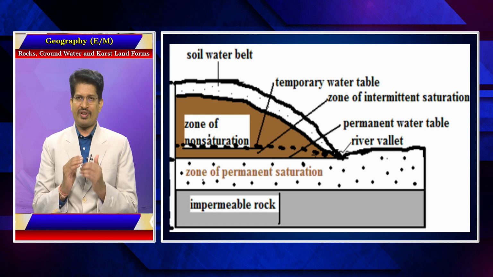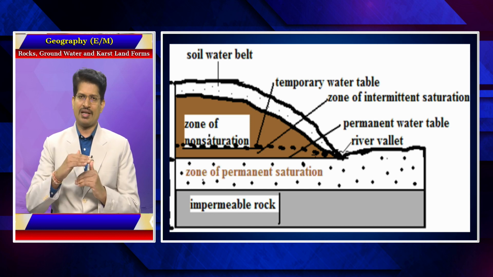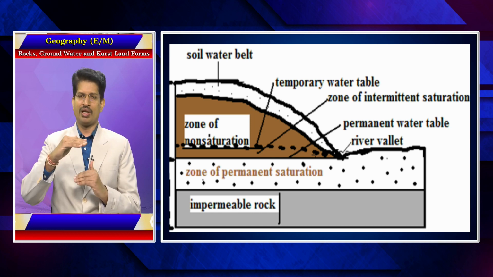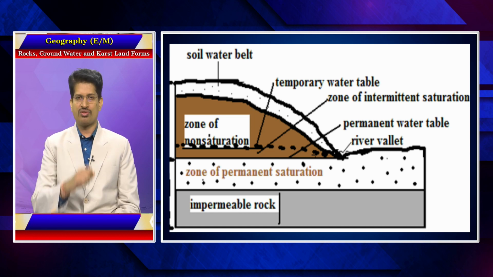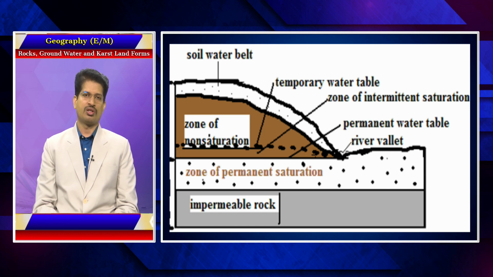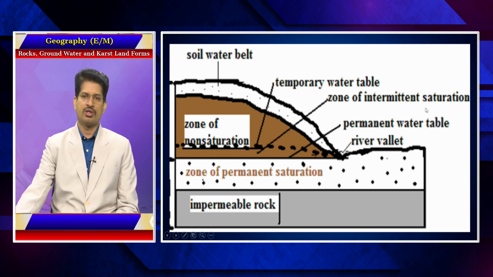The difference between the permanent water table and the maximum level to which water can rise during the rainy season, this difference in depth, is described as the intermittent zone. This zone is described as intermittent saturation.